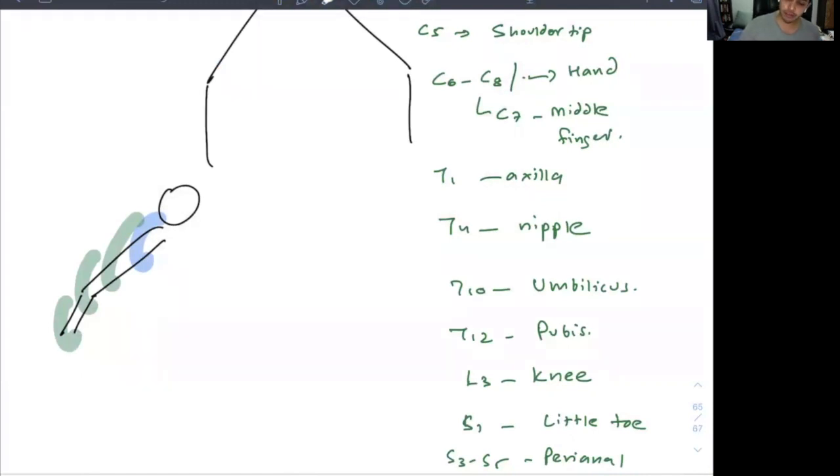So you will never find a dermatome in an absolutely straight line. There will always be a curvature. The reason for this is that in the embryological stage of development, the embryo is wrapped around like a burrito. Each limb gets wrapped around by the nerve, and that is why the dermatomal distribution also follows that curve.